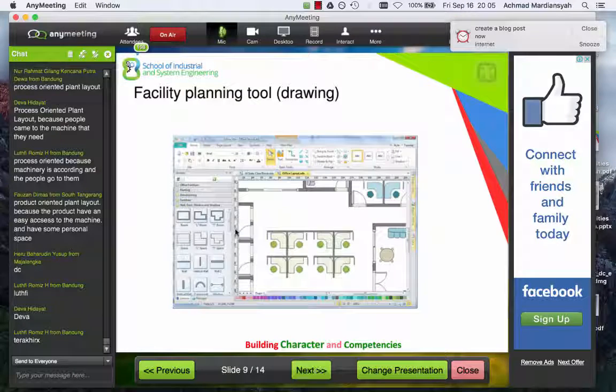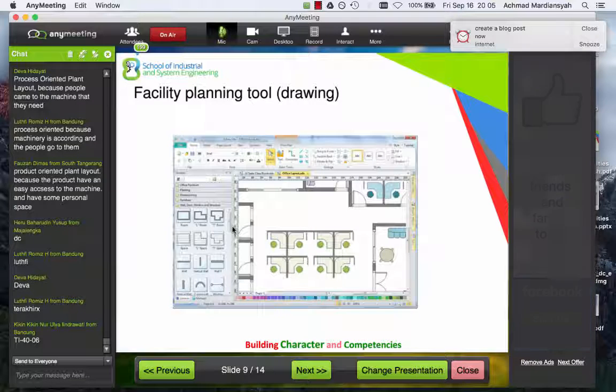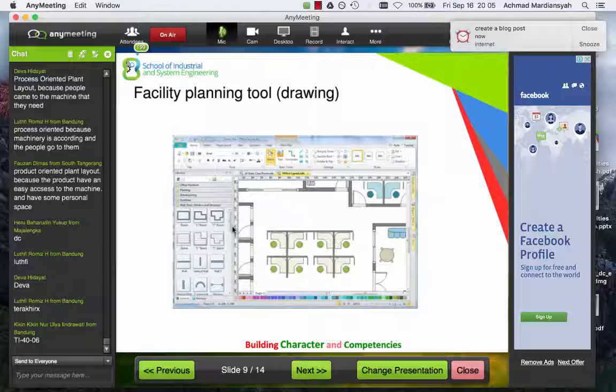And then for facility planning itself, we have tools for drawing. So here are software names like Visio or eDraw, and other software like SmartDraw for planning.